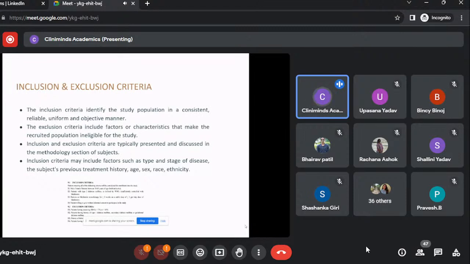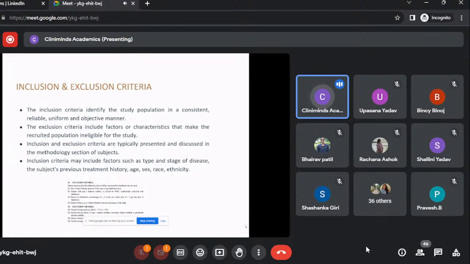They will give the exact cutoff point for that abnormality, like SGOT, SGPT related values, creatinine, hemoglobin level. If it is above or below that point, then they will be out.